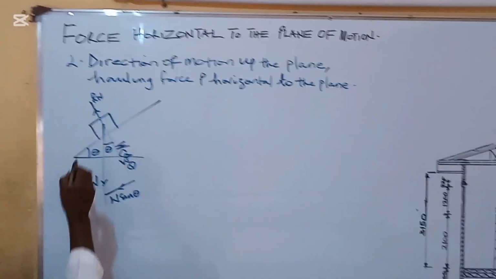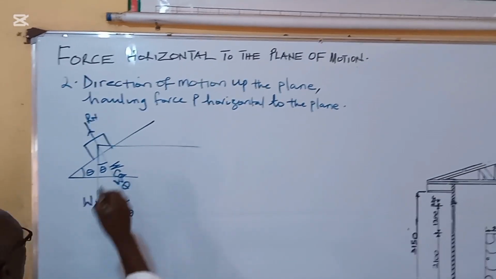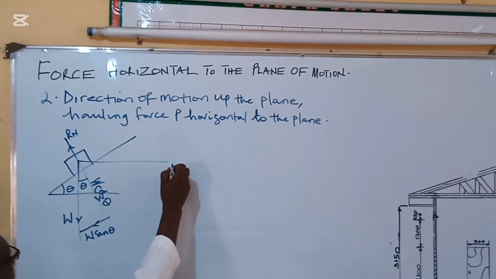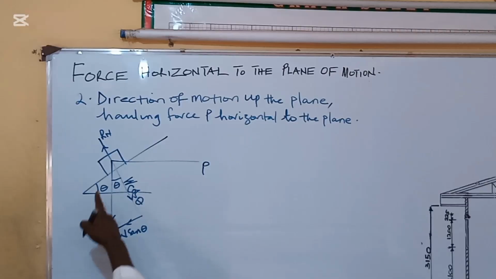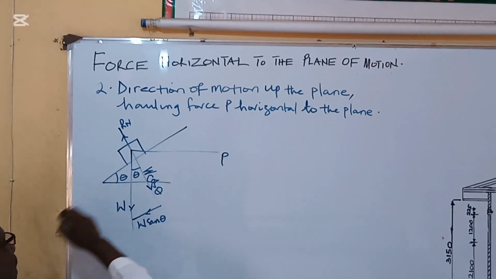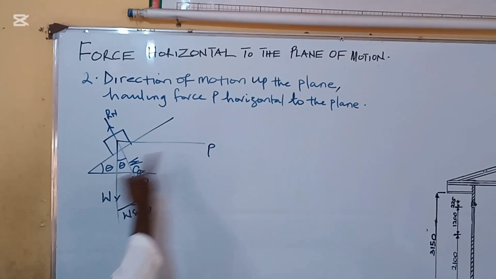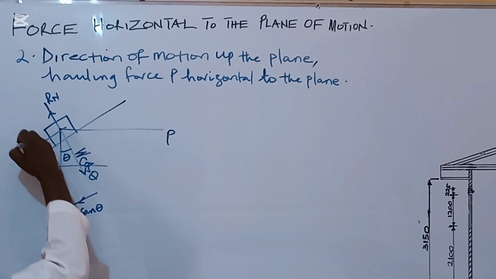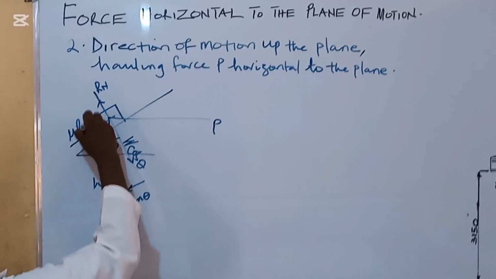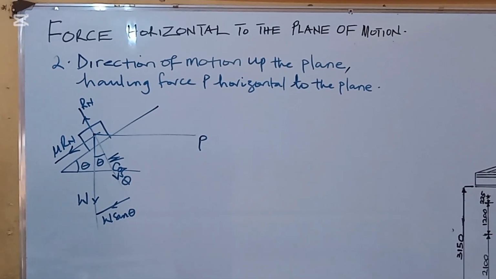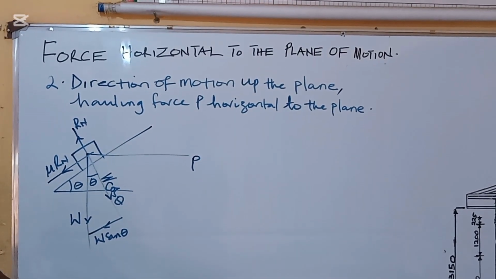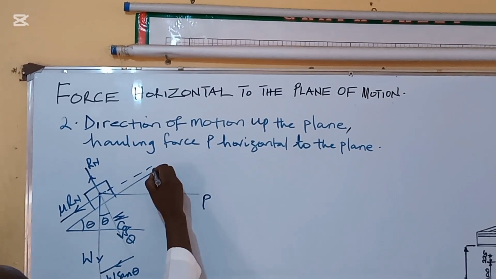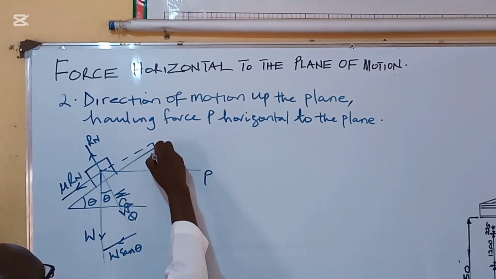Are we there? Now, the horizontal force P, just like the one holding it up, is acting horizontal. Let's call it force P. Now, if the body tends to go upwards, the force of friction will be acting towards the left in opposition to the direction of motion. Now, if I put the frictional force as mu Rn, of course, we can resolve this horizontal force P into two component directions, horizontal direction, right, and the vertical direction.